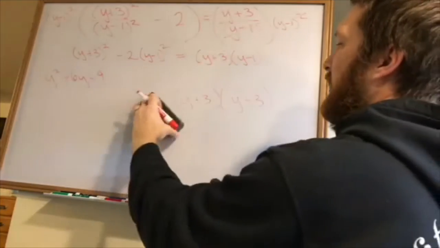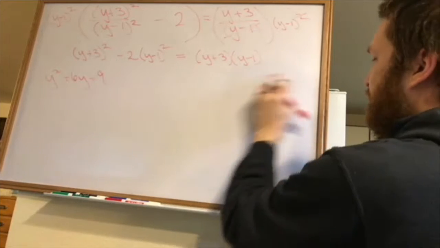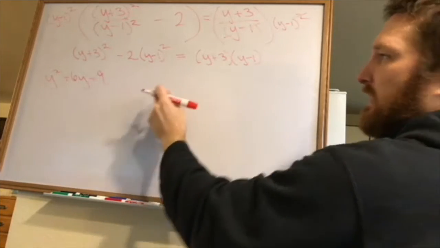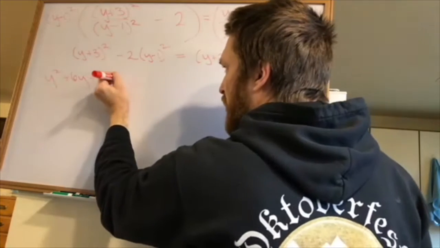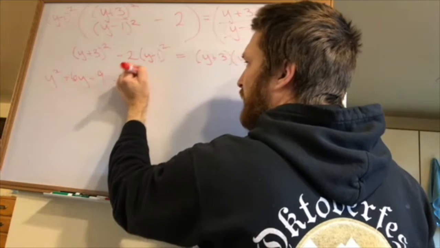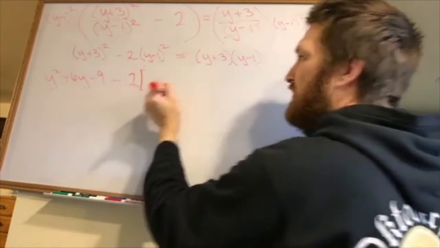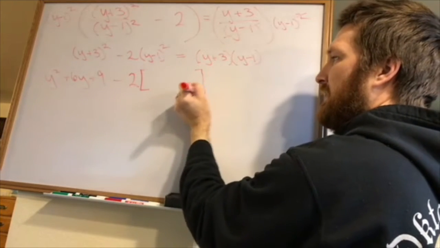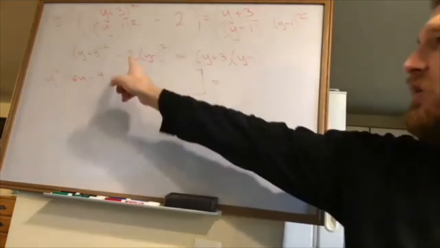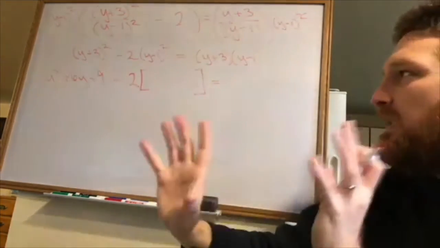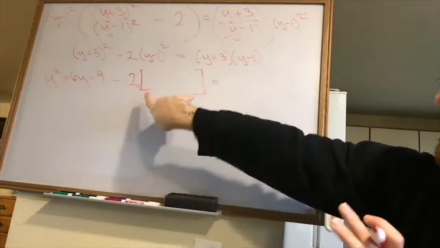Now I'm going to do the same thing. Since I'm about to multiply this out, I'm going to use some brackets like this so that I don't mess it up, which I inevitably will otherwise.